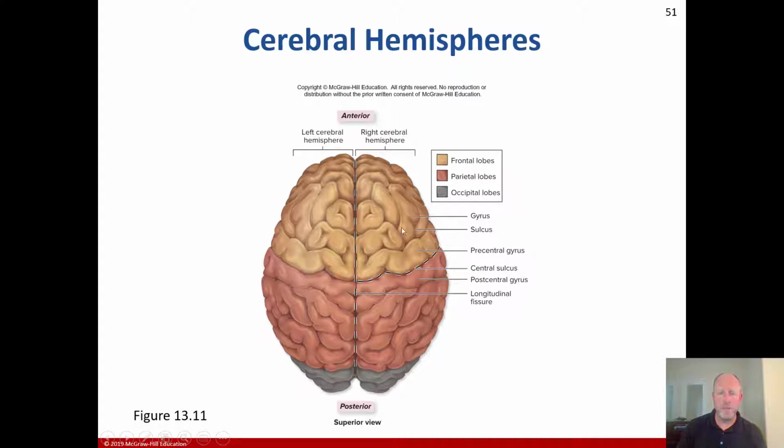These little guys go back and forth all around, and our sulci are the spaces between the gyri. We have our precentral gyrus here, and our central sulcus here, the postcentral gyrus right behind it, and then we have our longitudinal fissure right down the middle, separating our left and right hemispheres of our cerebrum.